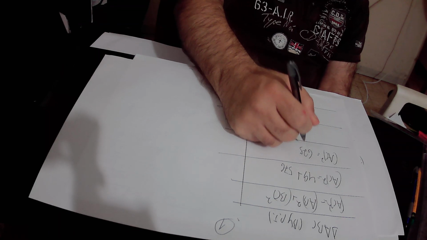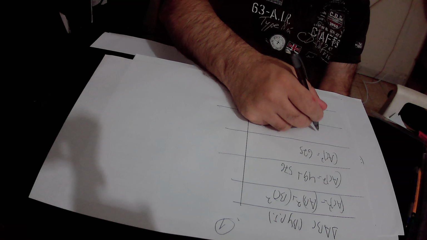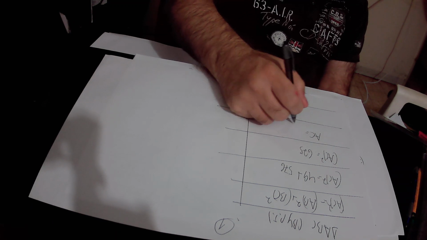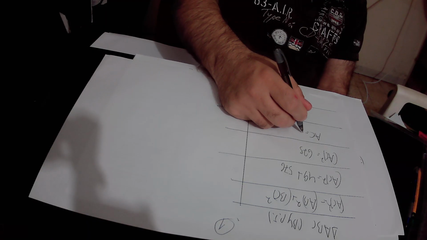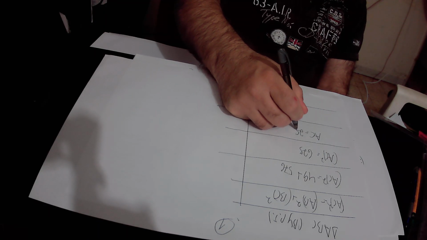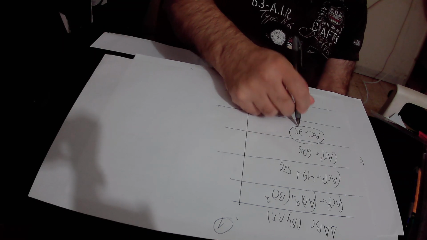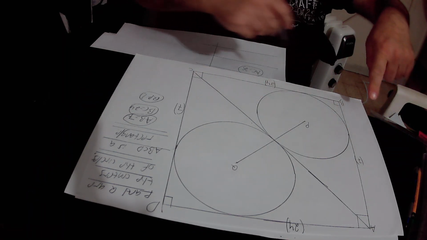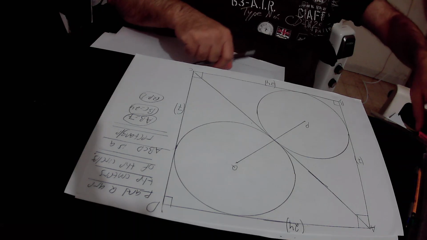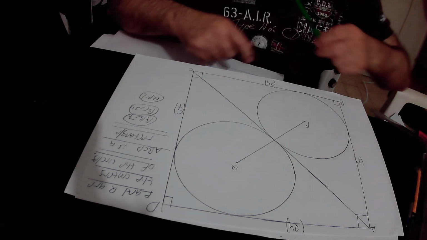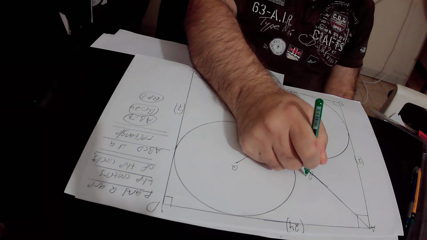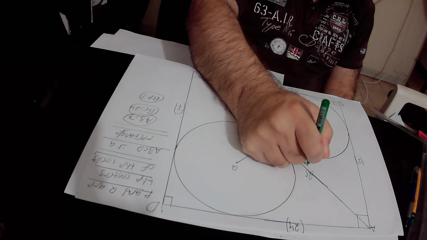So AC squared equals 625. We take the root of this equation, and finally we get that AC equals the square root of 625, which is 25. So we found out that the length of the hypotenuse AC of the right triangle ABC is 25 units. I'll write it down here. AC equals 25 units in its length.